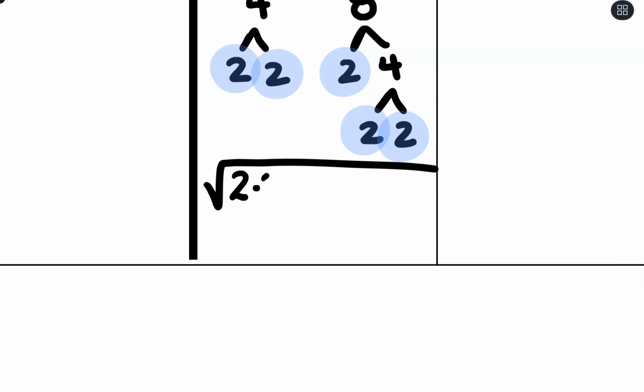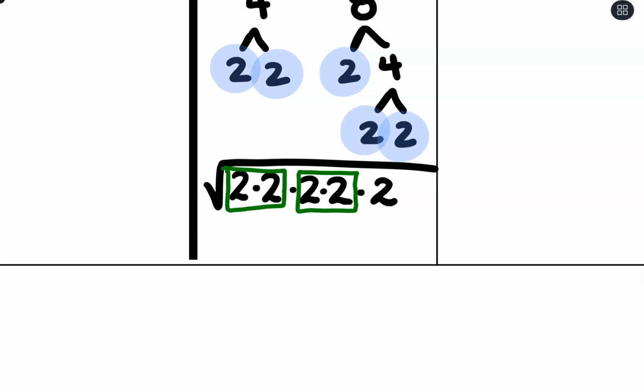So we have 2 times 2 times 2 times 2 times 2. Now, because I'm doing a square root, I'm looking for pairings, because in this case, it's going to come through as 2 squared, but I'm looking for values squared. So here's a 2 squared, here's a 2 squared, and then we have a 2 left over.